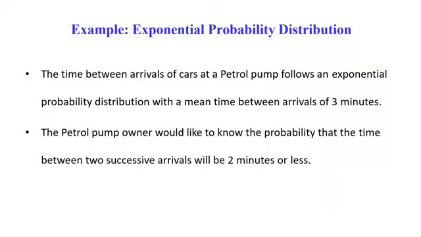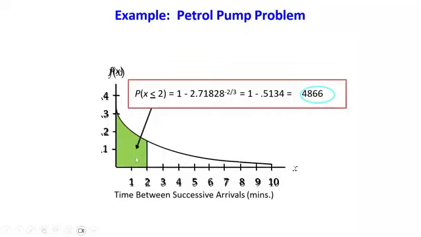Okay, it could be 2 minutes or 2.2 minutes or 1.8 minutes, 1.9 minutes. Okay, and my interest is in this particular range. I want to find out the probability that the time taken between the two arrivals of cars would be 2 minutes or less. So I need to calculate this probability, this region.